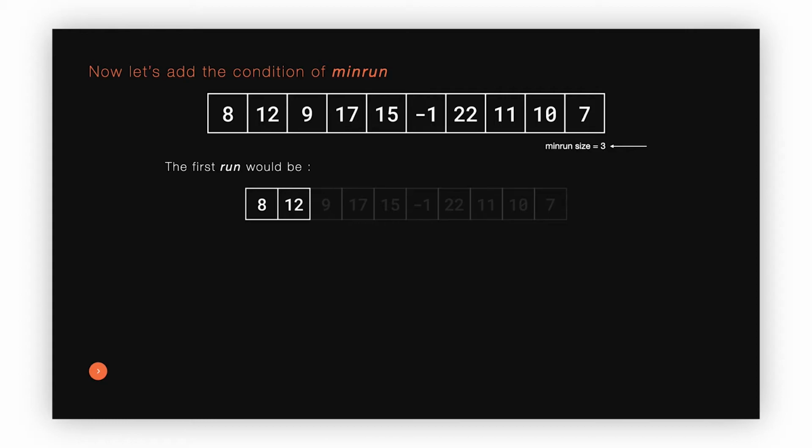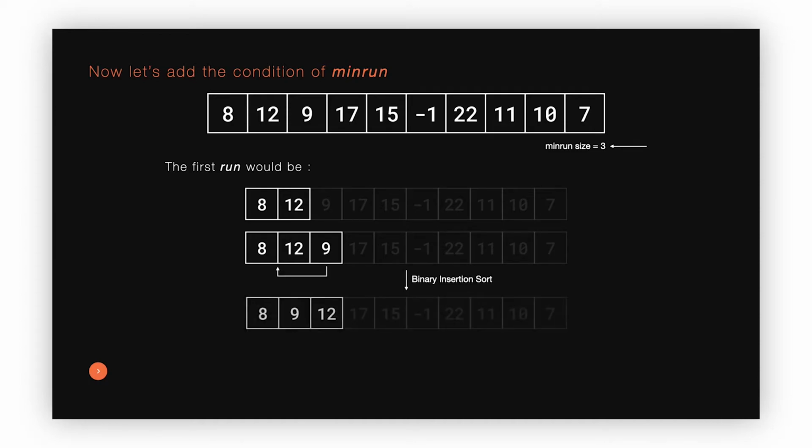So in order to fulfill that, we add the next element of the list to the run. But now the order has broken. The rule of runs, which is that the run has to be always sorted, has been broken. So in order to fix that, we use binary insertion sort, under which the 9 goes to its correct sorted position in the run. And after that, the original list becomes as such, where the first 3 elements are now in a sorted manner.